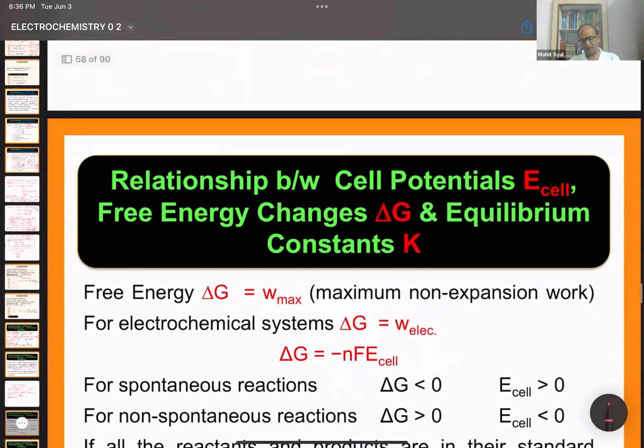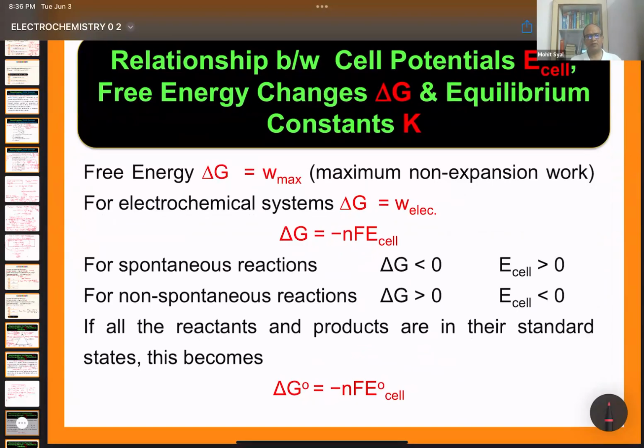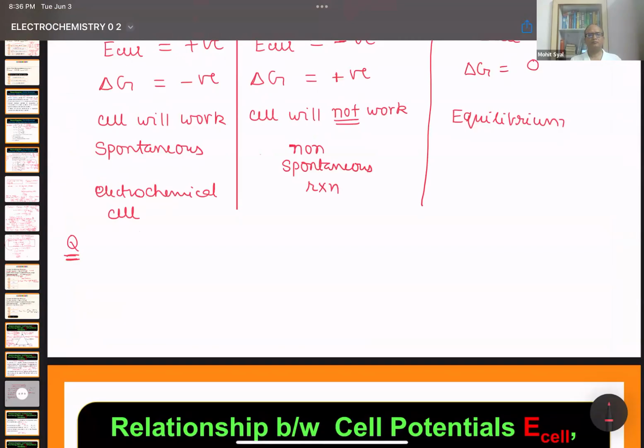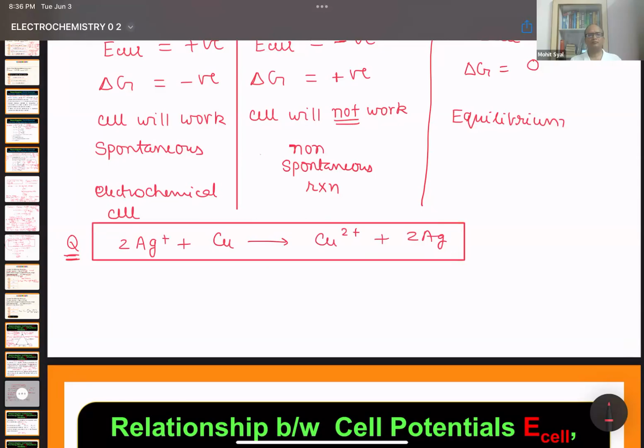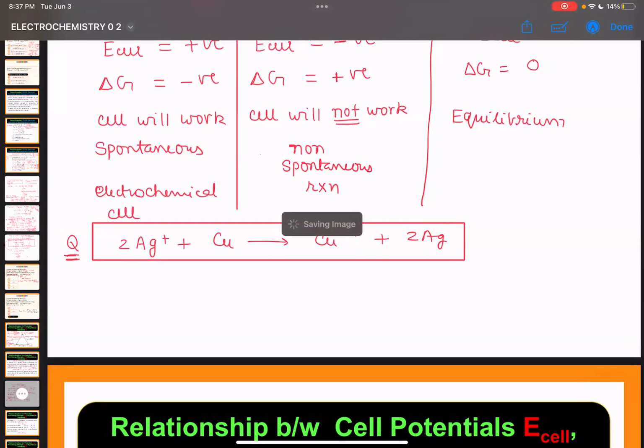You can calculate it very easily. Whatever the EMF is given to you, that you can use to calculate. Let me give you one question. This is the reaction: 2Ag+ plus Cu, giving you copper 2+ and 2Ag. This is the chemical reaction. Got it? Standard EMF is found to be E naught for the cell reaction equal to plus 0.48.